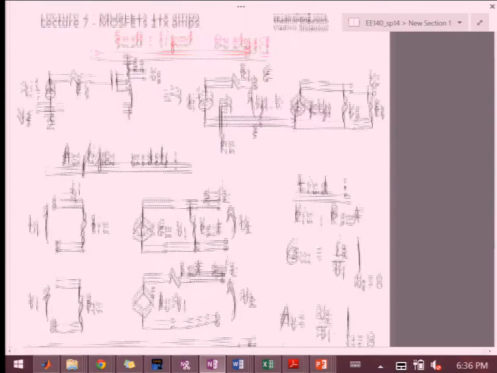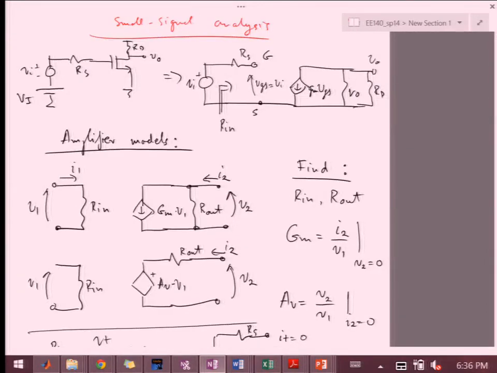Now let's have that there for a moment, and let's take a look at what we're going to call this Ro or Rout. What is the resistance that we see from the output node in?